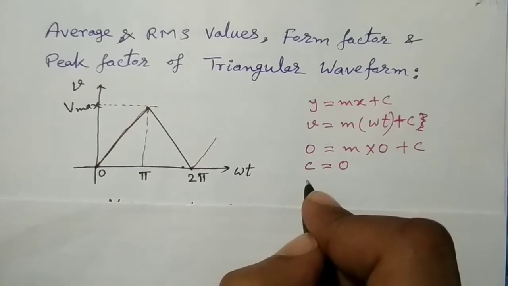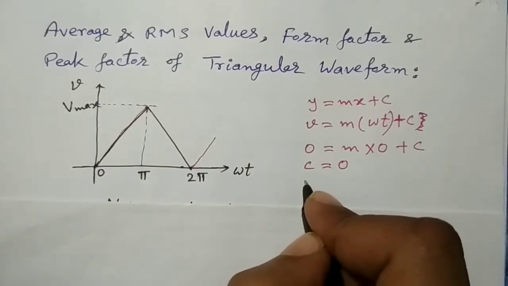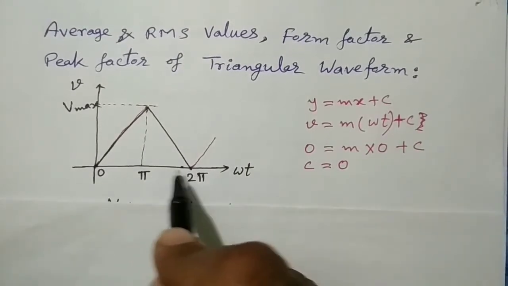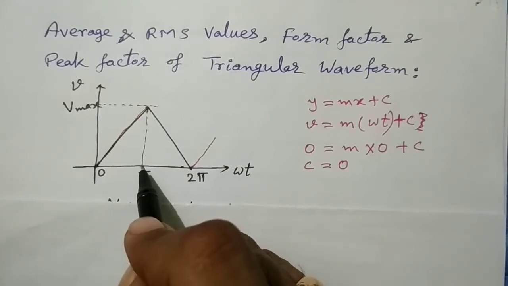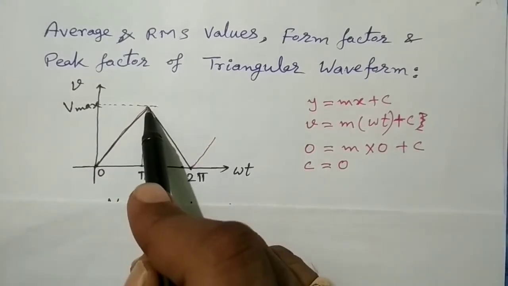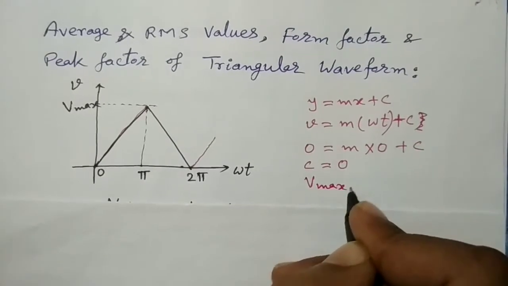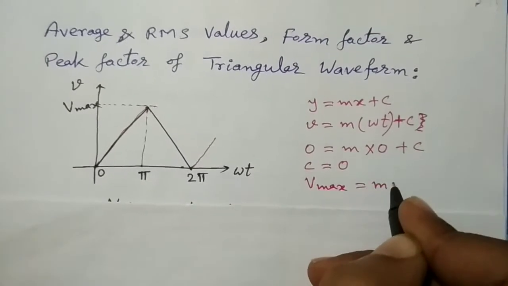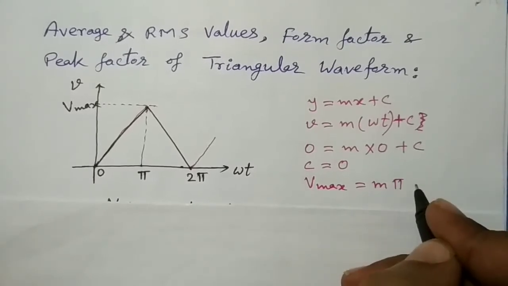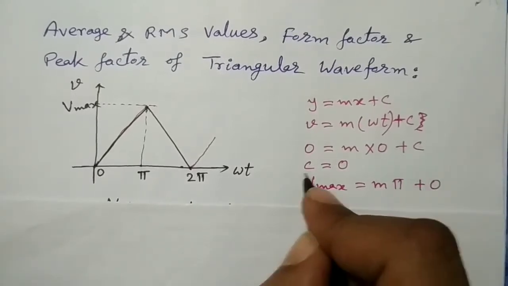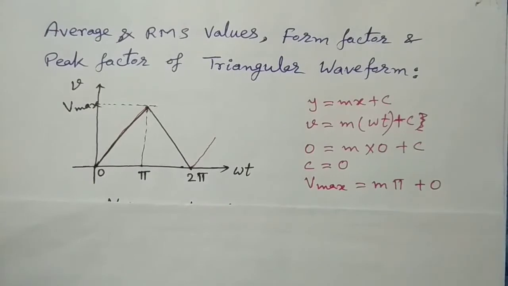In the next step, at omega t equal to pi, the value of v will be equal to v max. So we can write v max equal to m into pi plus 0, as we have already calculated the value of c as 0.